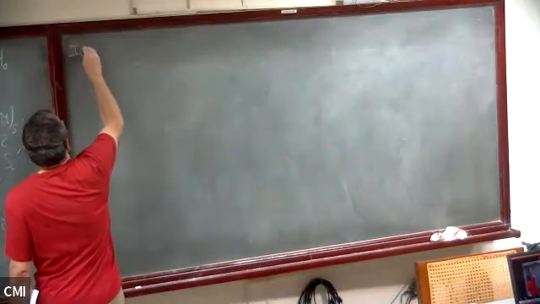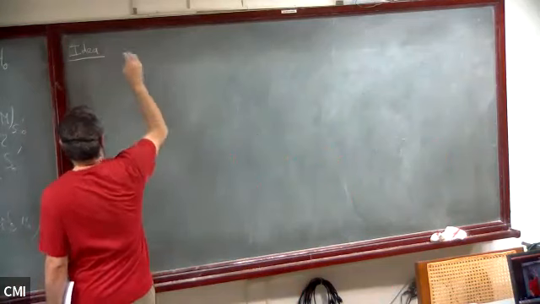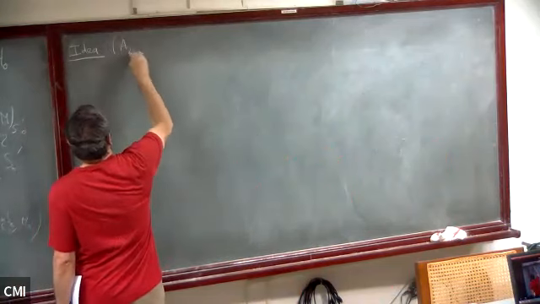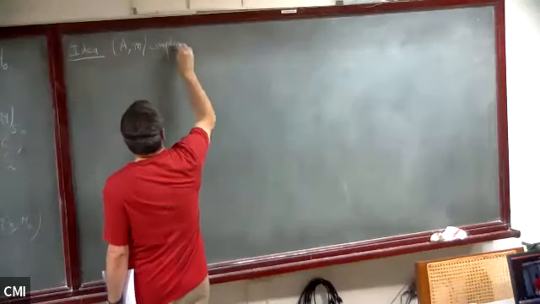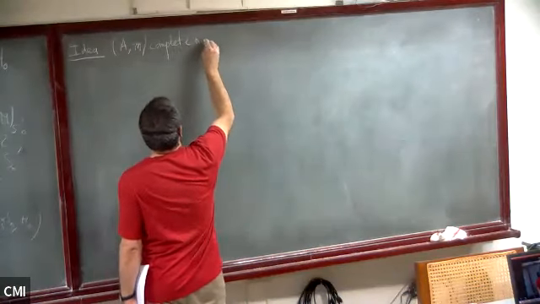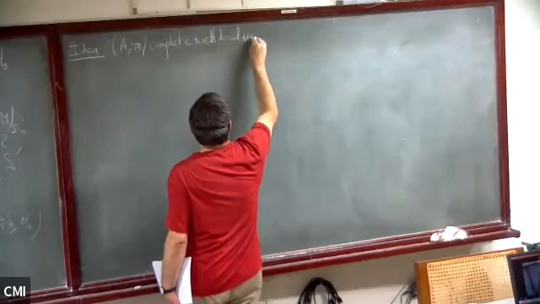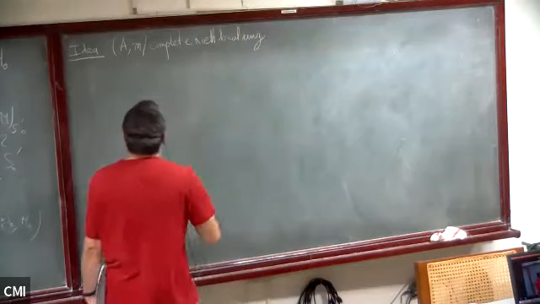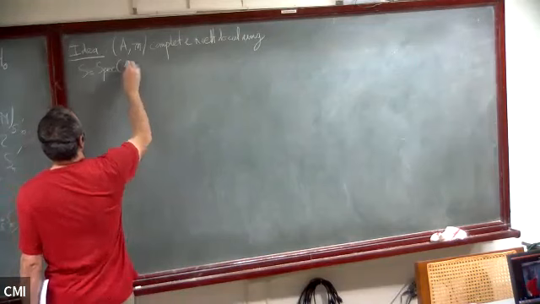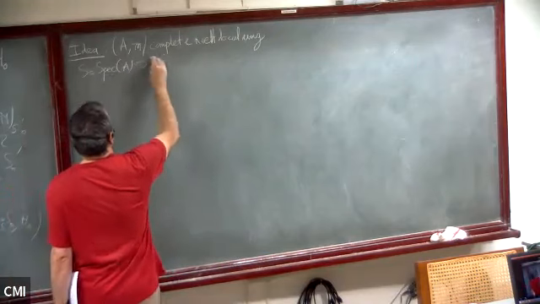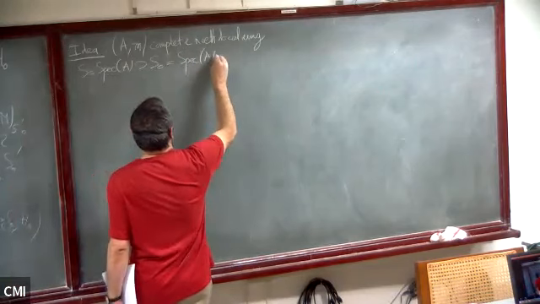So now the idea: let S equal spec A, a complete noetherian local ring, contain S0, spec of A over N.